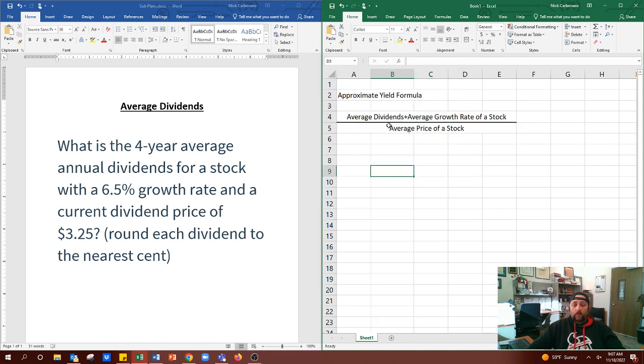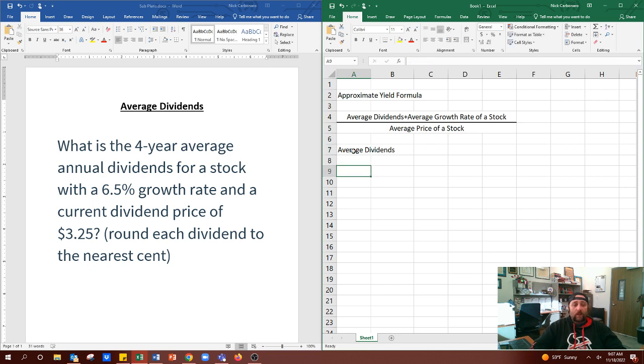So that's our division formula right there. In this tutorial, we are going to go over the average dividends portion of the approximate yield formula.